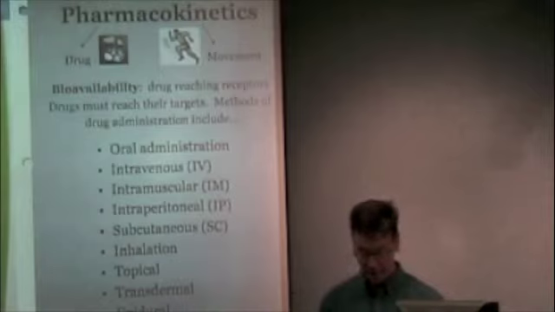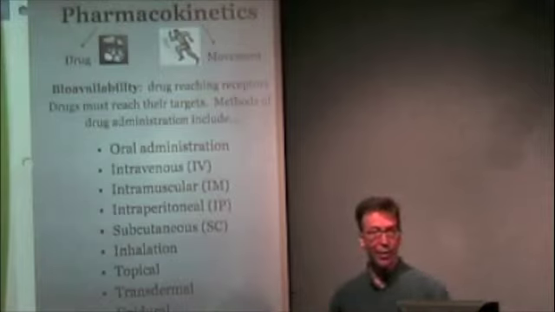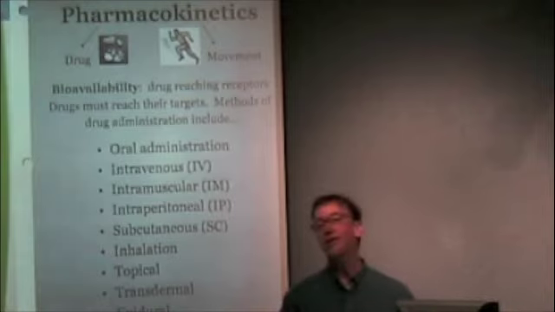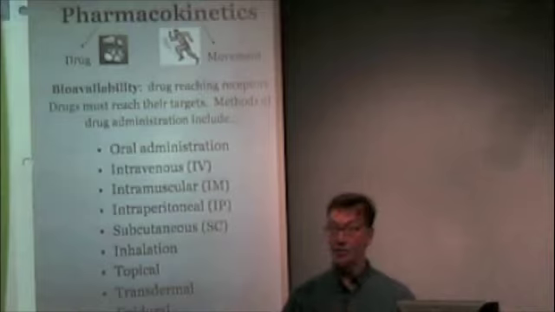And also blood from the stomach and small intestine goes directly into what we call the hepatic circulation, or circulation in the liver. It goes straight to the liver. This is called the first pass effect. And the liver is the site of many enzymes, many proteins that break down various drugs.